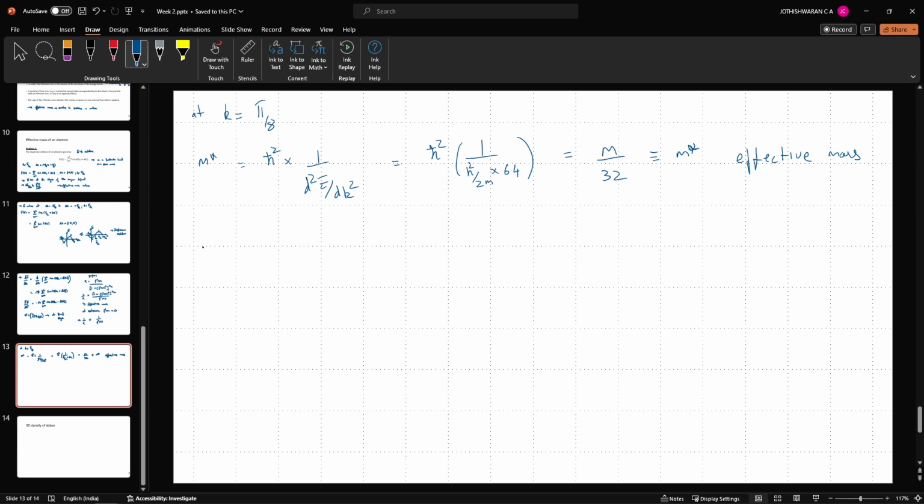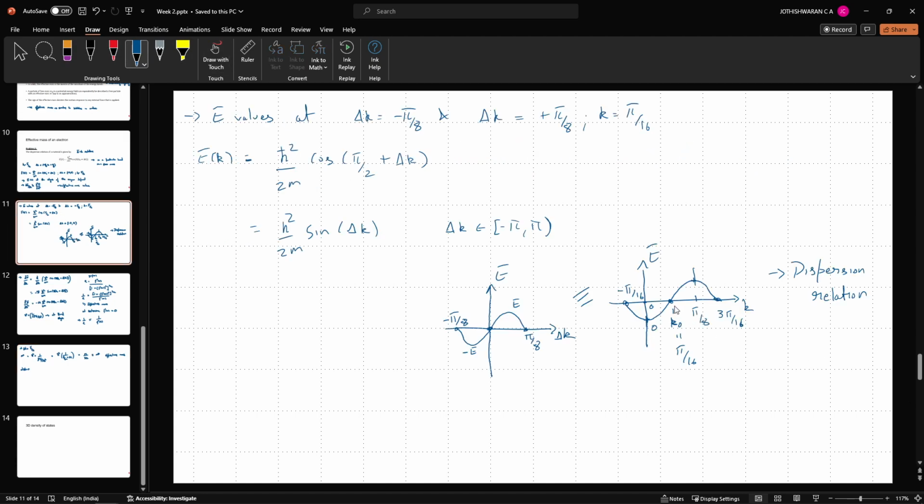Now similarly, what happens at k equal to 0? At delta k equal to 0, not k equal to 0. So this is delta k equal to plus pi by 16, not plus pi by 8, which will correspond to an actual value of pi by 8, because this entire distance is pi by 8.